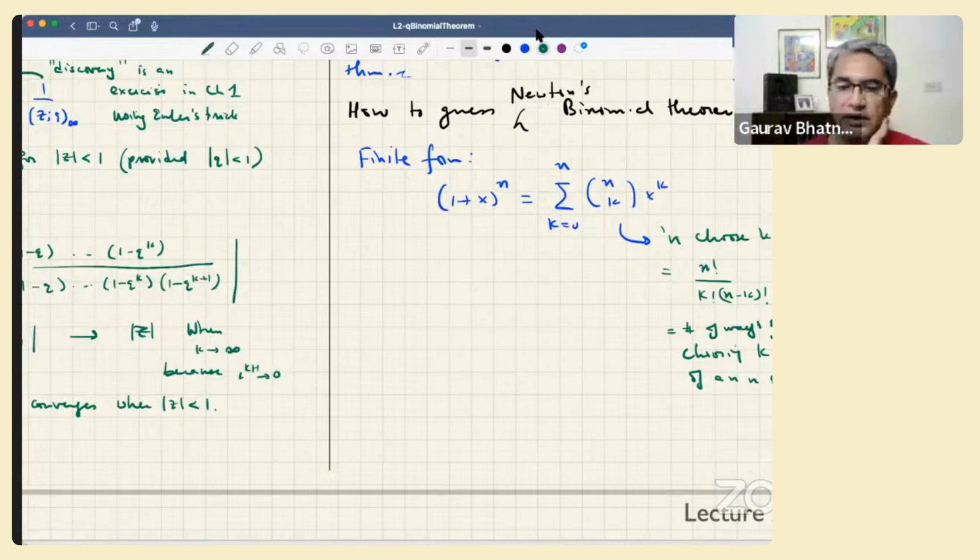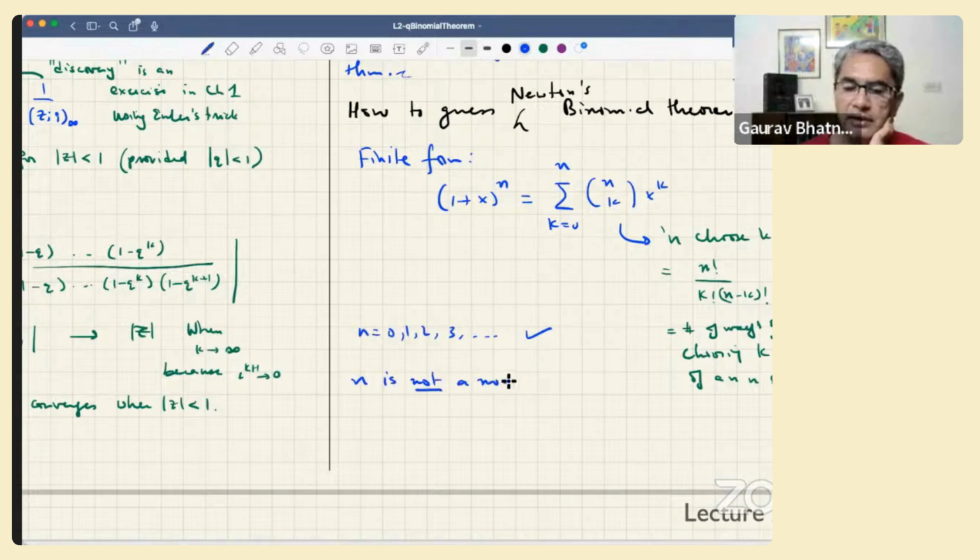So what did Newton do? This is okay for n equal to 0, 1, 2, 3. This was known for centuries before Newton. What Newton did was replace n by a, where n is not a non-negative integer.